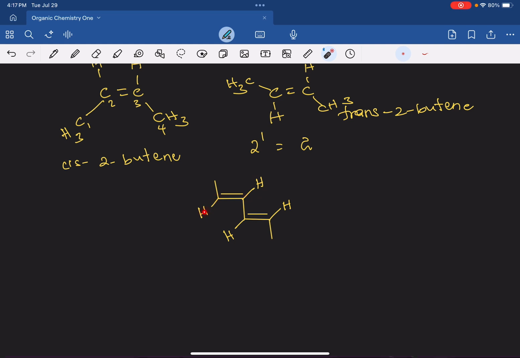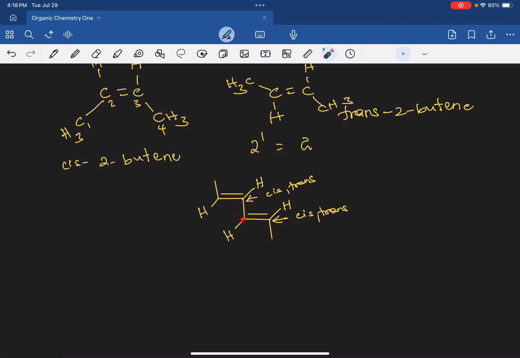Each one of these must have one hydrogen only, no more. So yes, this double bond right here can show cis-trans isomerism. Move to the next double bond, which is here. This carbon has one hydrogen. The rest of this is a group, it's not a hydrogen. This carbon also has one hydrogen, which means at this double bond, I can also observe cis-trans. That's all you're looking for.